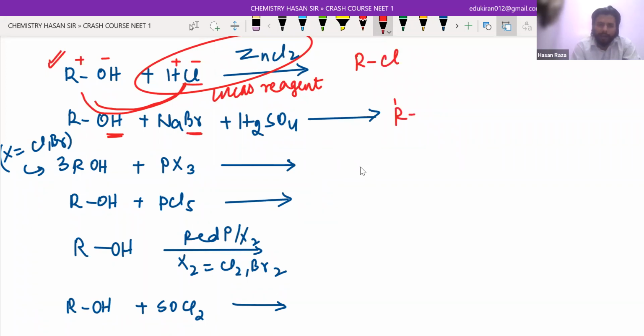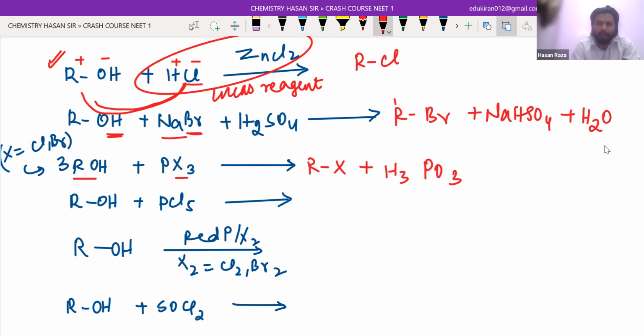If you react this, you will get RX along with H3PO3. In here, you will get the byproduct NaHSO4 along with H2O. We generally don't deal with byproducts; these are the main products. But in this and in this, whatever byproduct we get is also important.